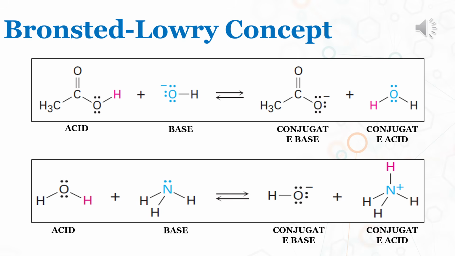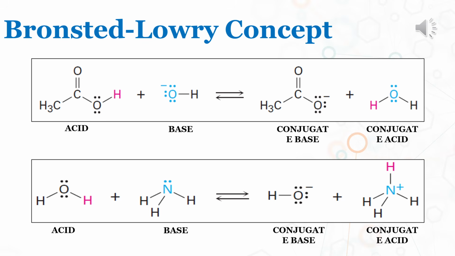Okay? So on the first reaction that we have in this slide, the one on the left side is your Bronsted-Lowry acid and base. For the Bronsted-Lowry acid, we have acetic acid, or CH3COOH in chemical formula. And for the Bronsted-Lowry base, we have water, or H2O.